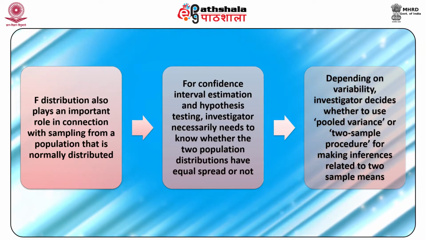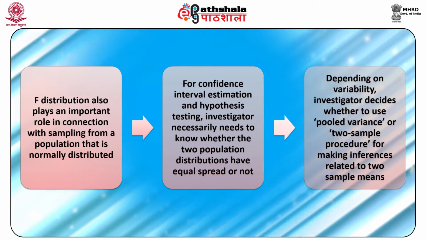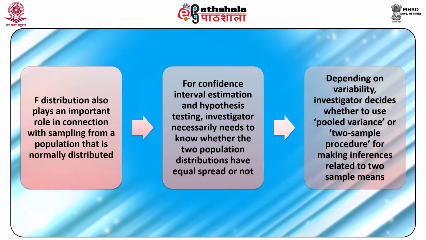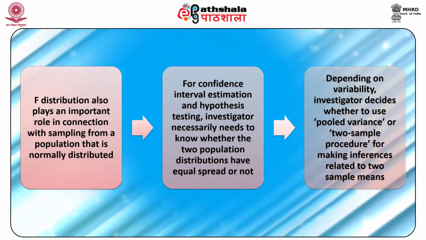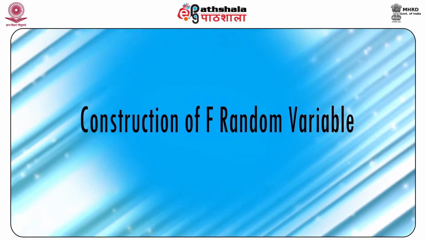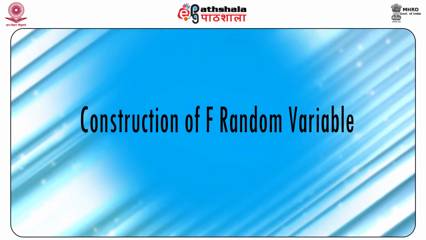So it is the F distribution that concerns testing of variability of the two independent population distributions around their respective means. Construction of the F random variable is now discussed in this section 3.1.